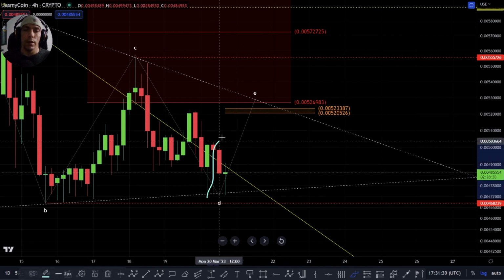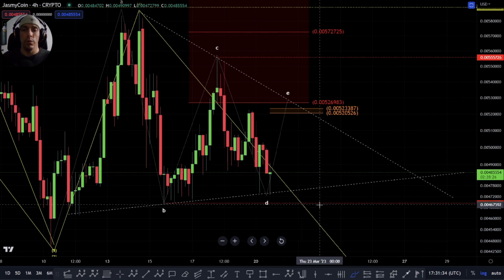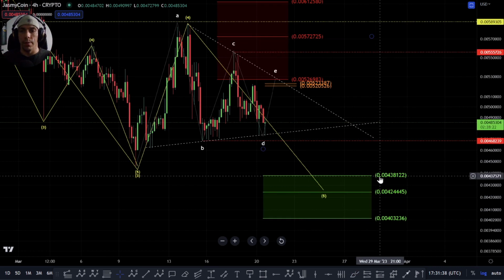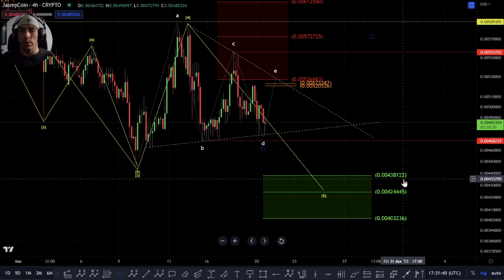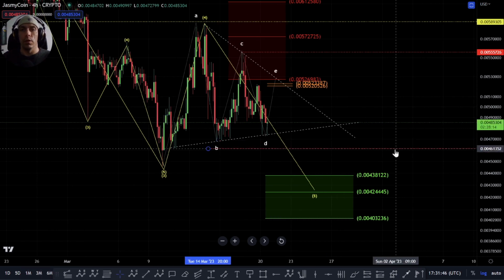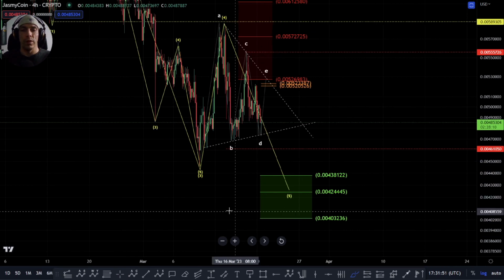And if we do actually get a three-wave move to the upside here, which then rejects in a five-wave move and actually looks to push down towards this zone of this 0438 one to this 4032 region, then potentially, we could actually look and say that this five-wave move is completed to the downside.